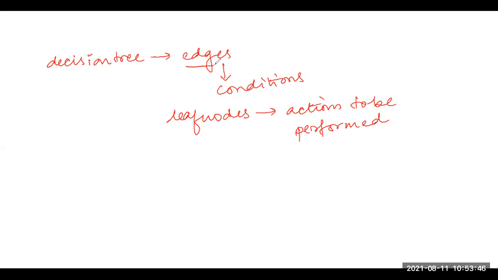So the edges will represent the conditions, and on the outcome of these conditions, what actions are to be performed will be represented at the leaf nodes.